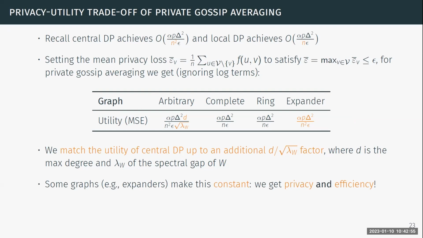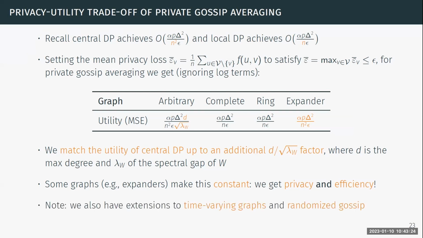And I'm, in fact, happy for a second reason also, which is that these graphs are exactly the ones that we typically want for decentralized algorithms to be efficient, right? Because the point of decentralized algorithms is that nobody should communicate with too many other people, because that's going to be costly. And I want information to propagate fast. And so expanders are exactly the graphs that I would pick, even if I didn't care about privacy. So I'm quite happy about this because in a way things align nicely here.